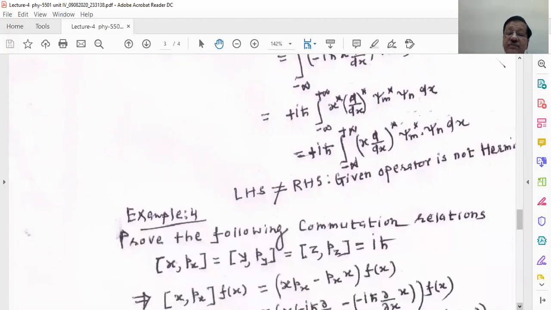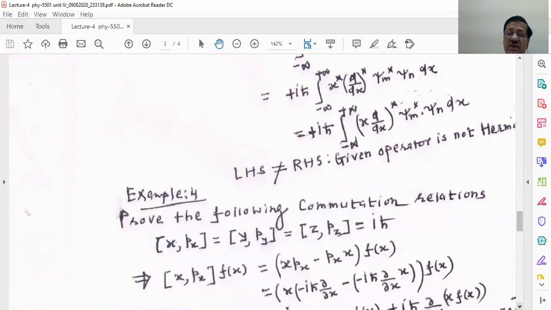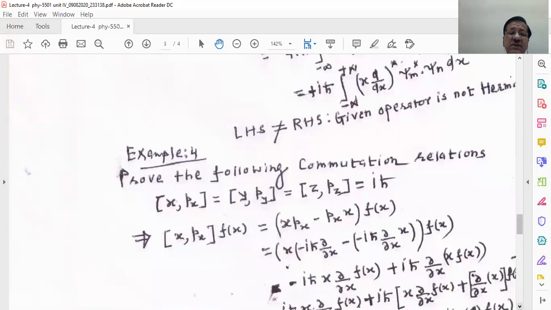Now, as I said today, I have some problems on the commutator. So I now take the problems for the commutator. The very important first step is that we want to see the commutator of the position operator x with the momentum operator in one dimension, px.